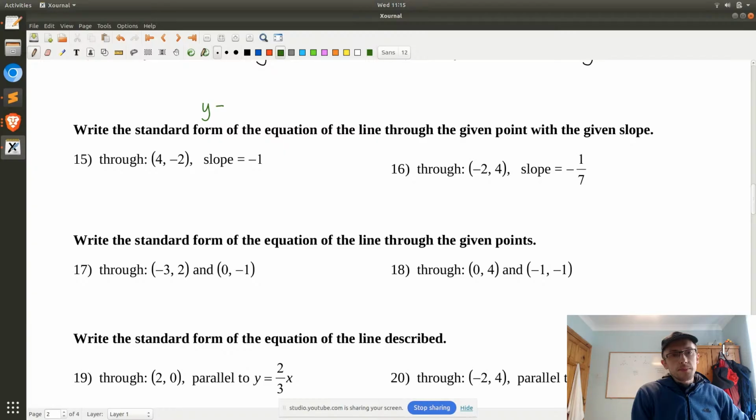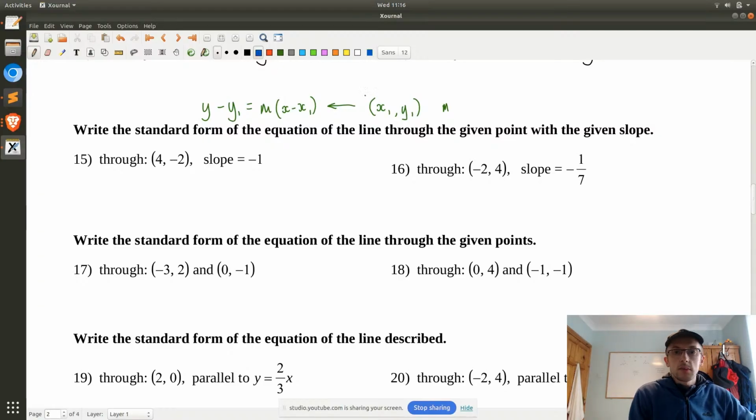Use this. What on earth is this? Well, if you're given the information that a line passes through a particular point, let's call it x1, y1, and you're given the slope of a line, m, then you can actually use this to work out the equation of the line.